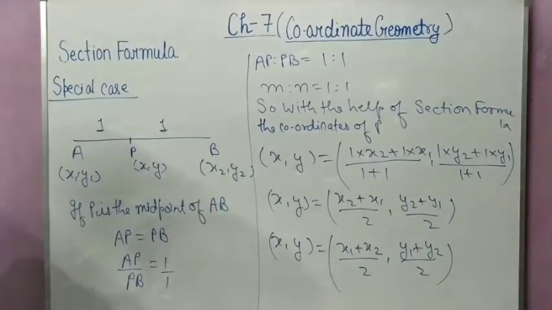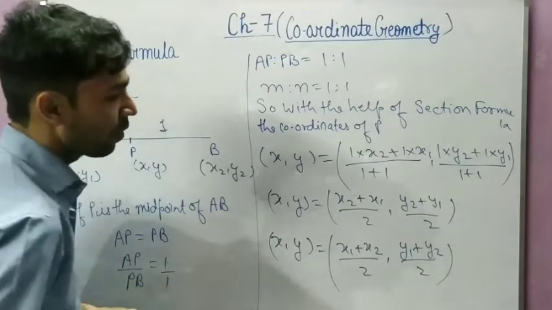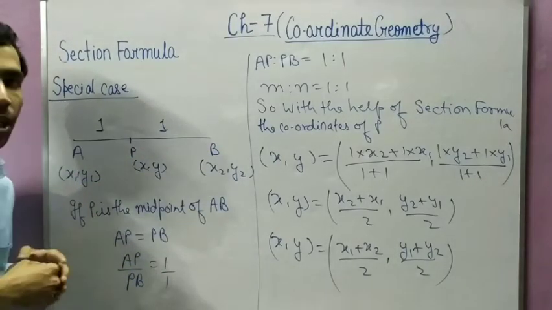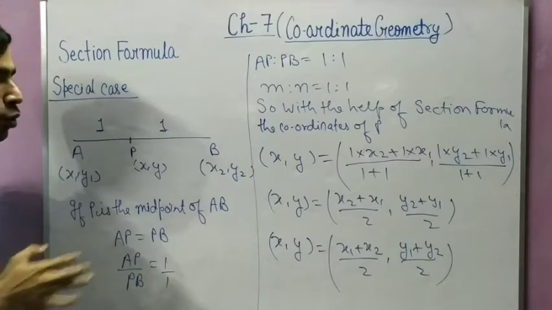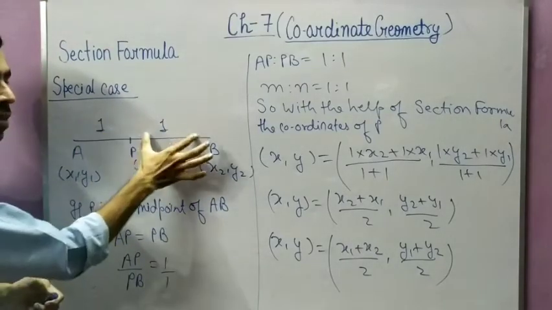From here what can we say? I think first you write this. It is the special case when P will be the midpoint, so the two ratios will be equal. So this will be 1 and this will also be 1.